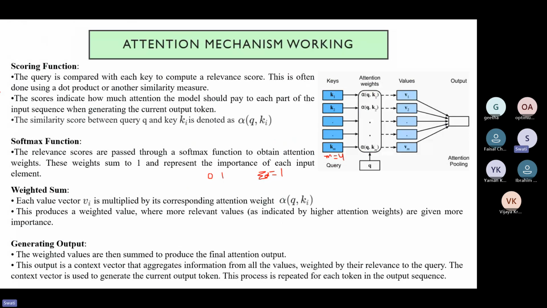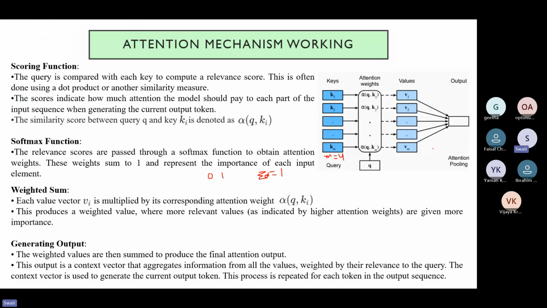What happens then? We have calculated these alpha values and normalized them. Then this value vector vi, this is the actual value, will be multiplied by your attention weight, and then summing over these values, you will get some output.